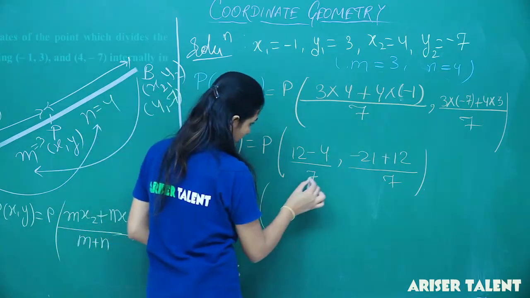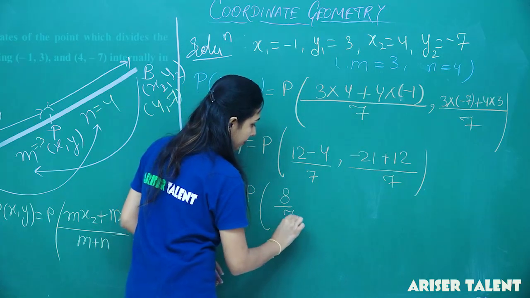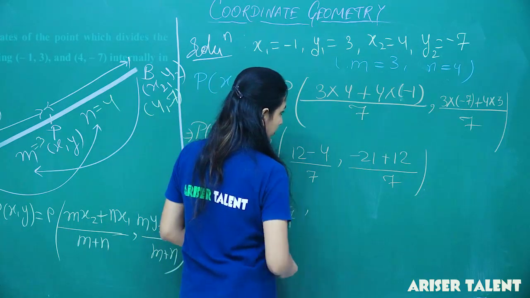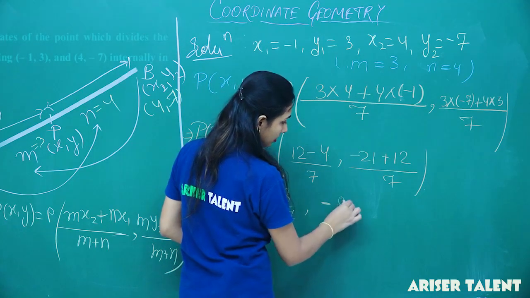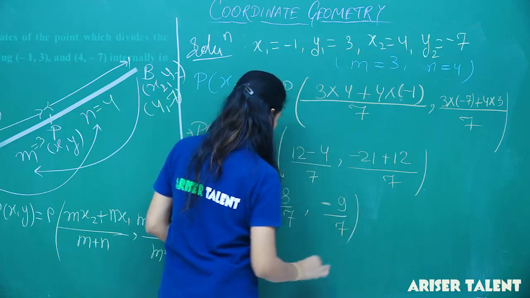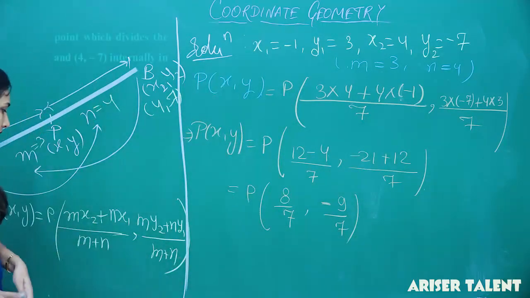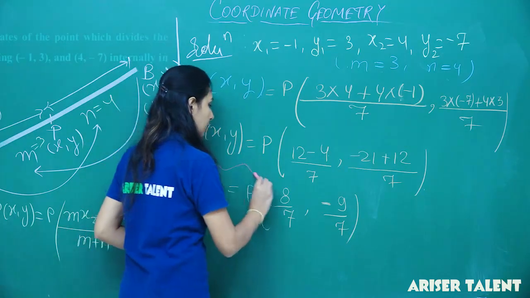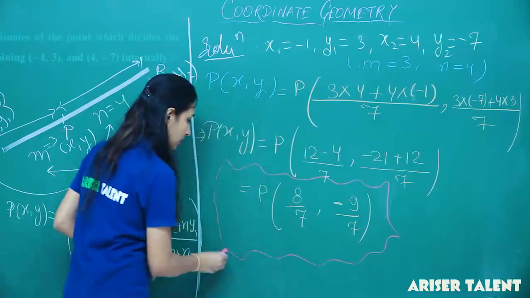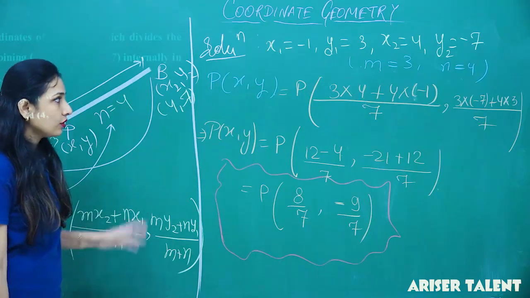P 8 by 7 and here minus 9 by 7. So, this will be the answer. Simple. This is so simple question, right? It's simple as that. Okay. So, this is your solution.